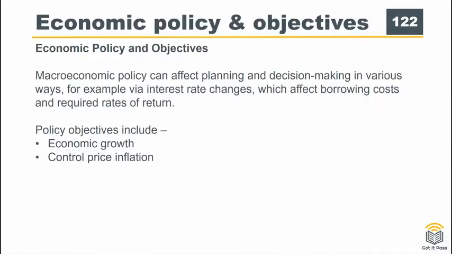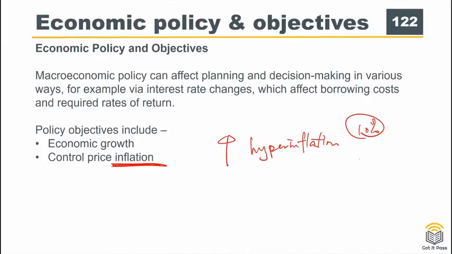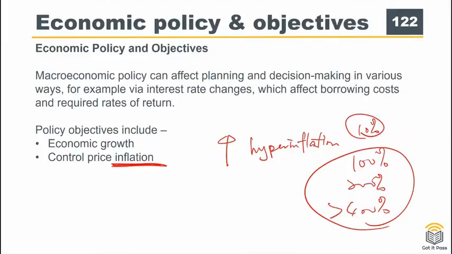Control the price inflation. Sometimes inflation is a big issue for some governments. If the inflation is very, very high, hyperinflation, we are not talking about a 10% inflation rate. We talk about maybe a yearly inflation rate of 100%, or even higher than 400%. It's hyperinflation, and the government needs to stop it.